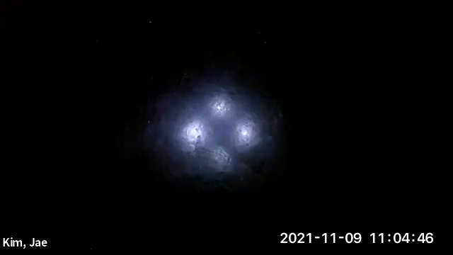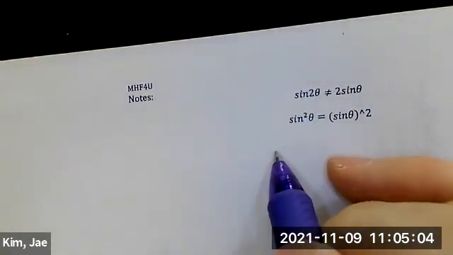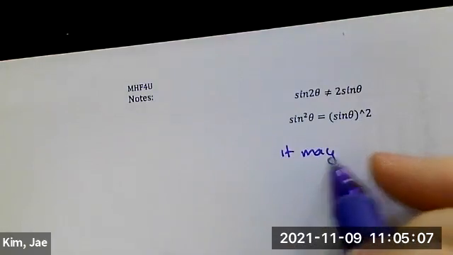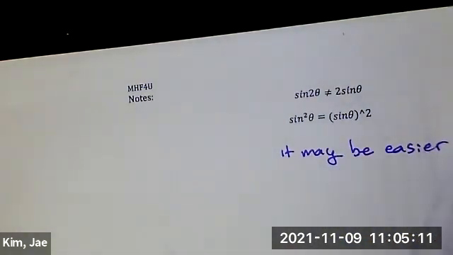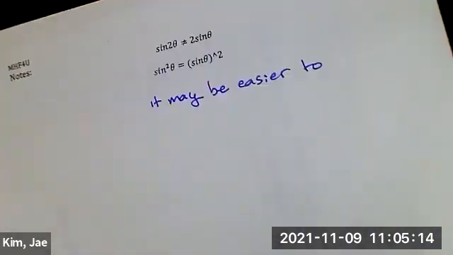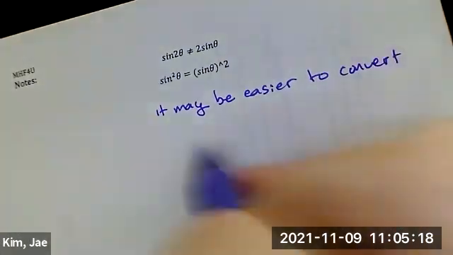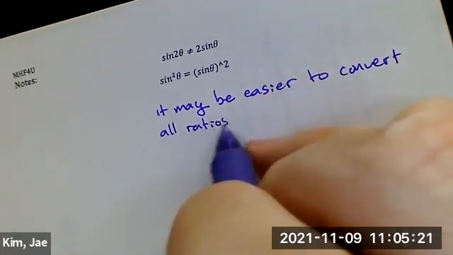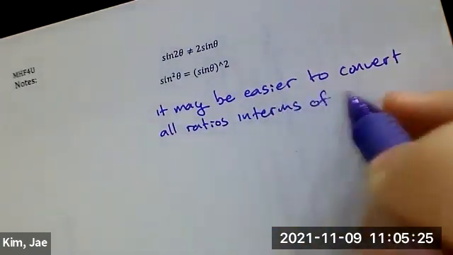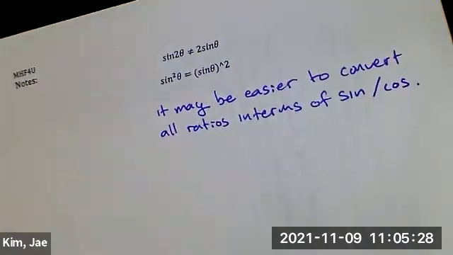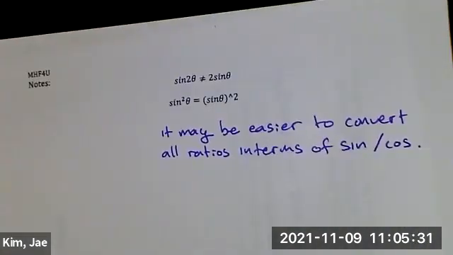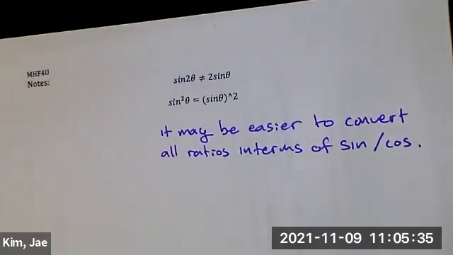Number one, because the Pythagorean identity uses sine and cosine, it may be easier to convert everything into sine and cosine.